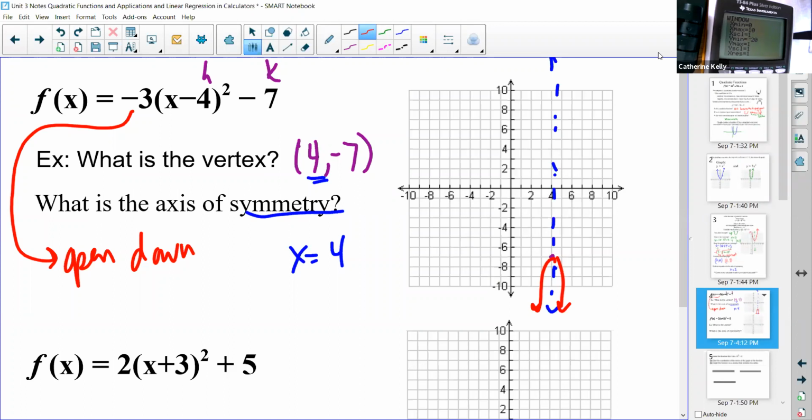Scale 1, 0, negative 20. Go up by ones. Oh, there's an error: window range is off. So 0 to 10 by ones, and 0 to negative 20 by ones.